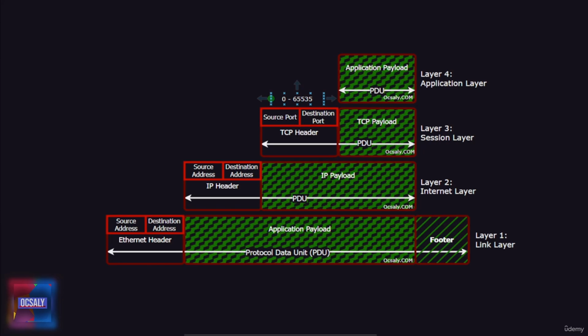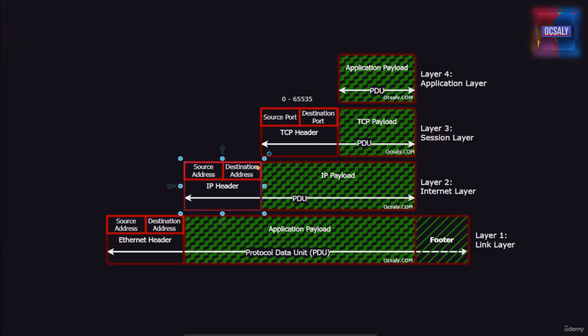The IP protocol uses source and destination addresses in its header. The destination address allows the data to be sent to a specific node on the network, and the source address allows the receiver of the data to know which node sent the data and allows the receiver to reply to the sender.